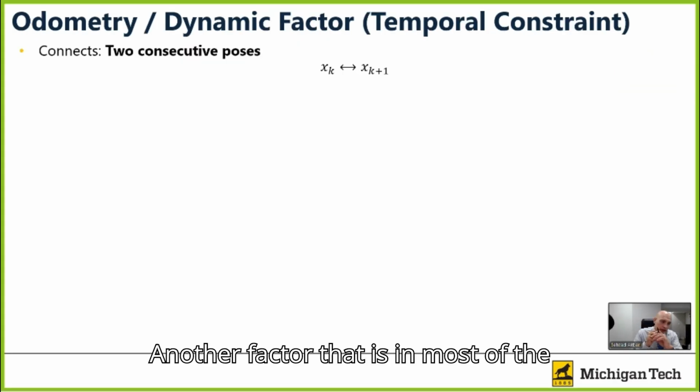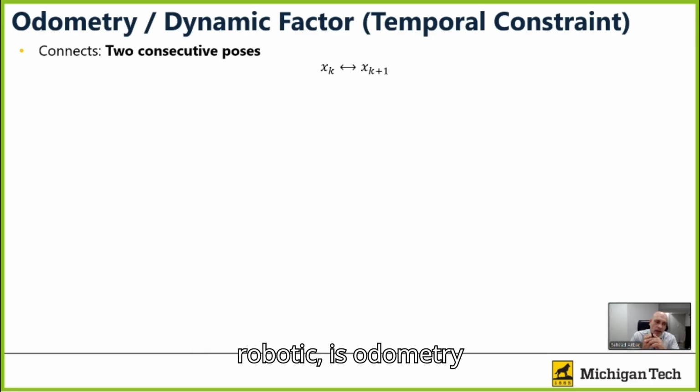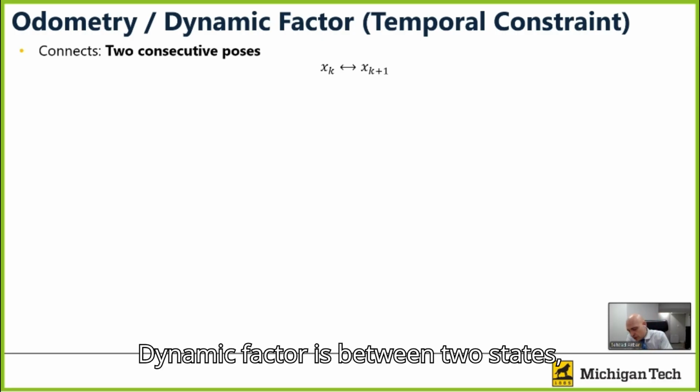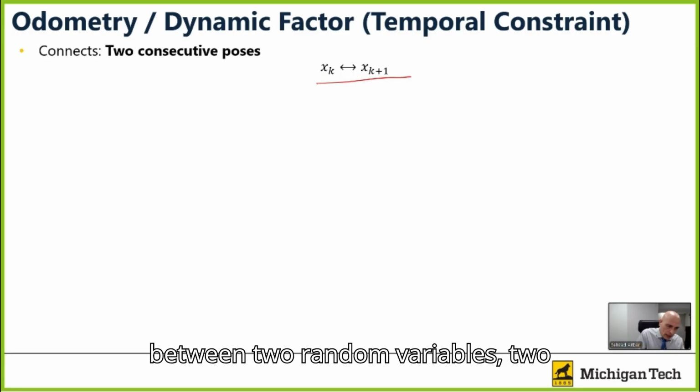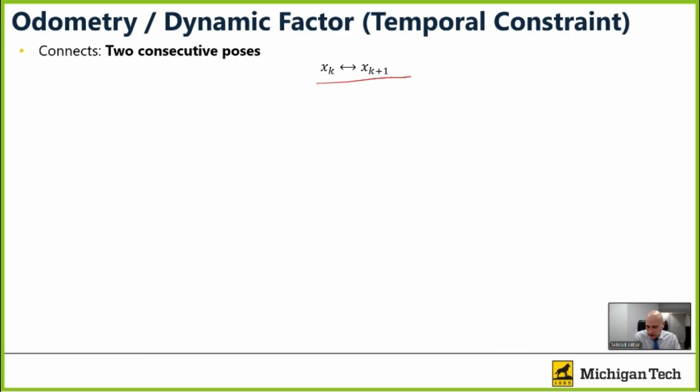Another factor that we use in most projects, especially in robotics, is the odometry or dynamic factor. The dynamic factor is between two states, two corresponding random variables, two consecutive poses, like x1 and x2, or xk and xk plus 1.